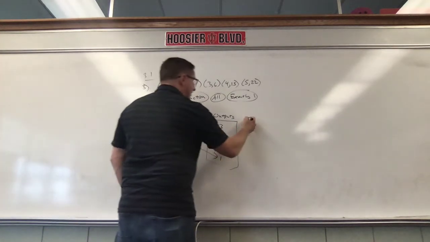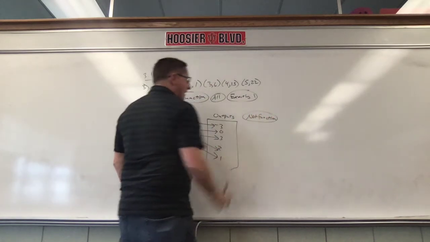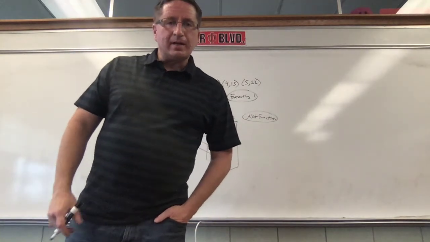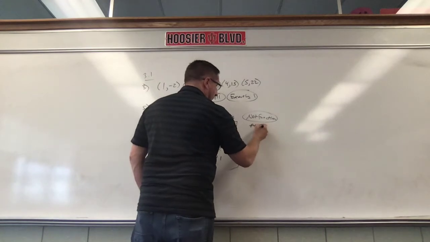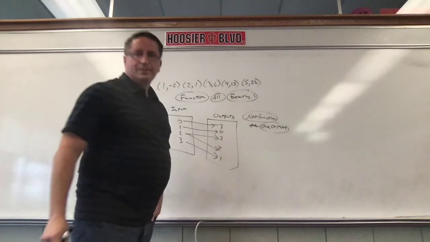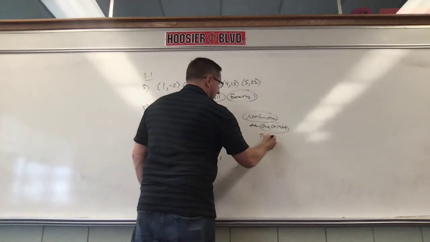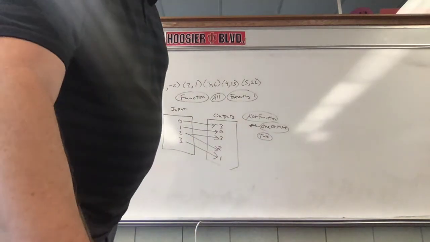This is not a function, because there's an input that has more than one output. When you're filling in the blanks on your assignment, one or more inputs has 2 outputs.